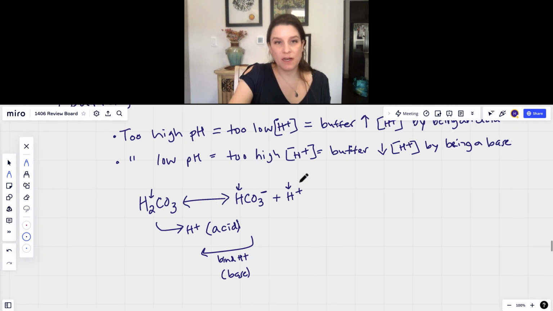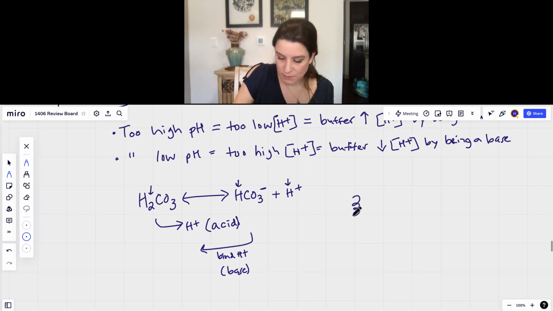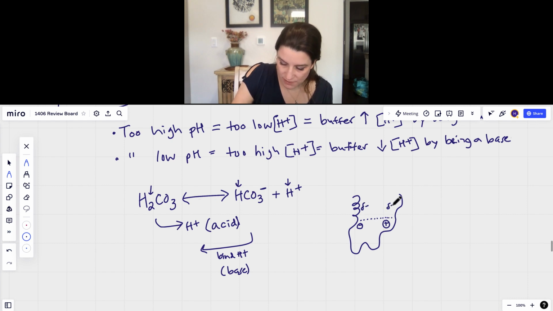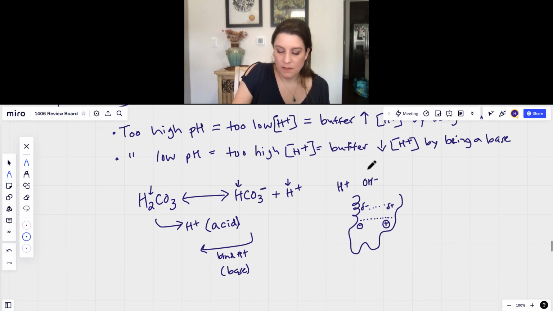pH matters because it can get in between. So if we have a protein that has some weak bonds in it that are from charges, so let's say the negative charge and a positive charge, partial negative, partial positive, any of those kinds of things. If the pH is too high or too low, the hydrogen ions, the H pluses, or the OH hydroxide ions can get in between here and break the bonds.